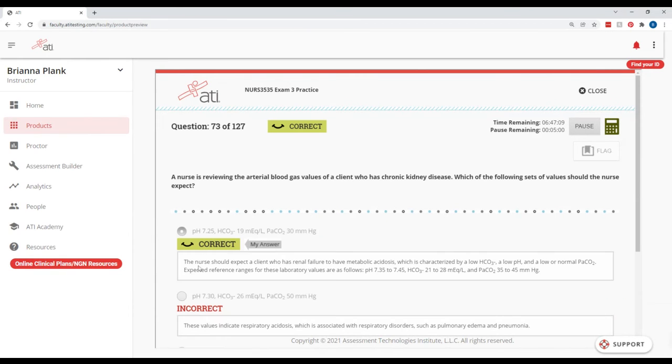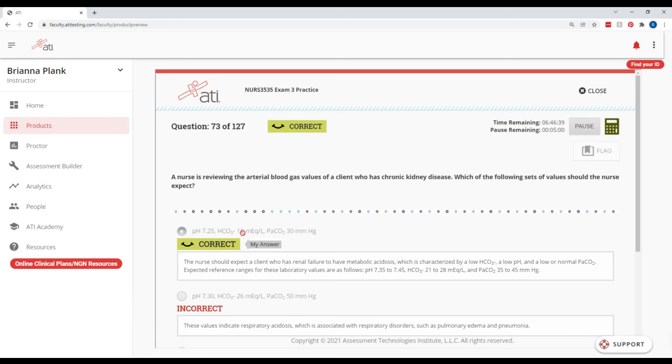Yes. So again, we have metabolic acidosis. So we know we have acidosis because our pH is low. Our normal pH value is 7.35 to 7.45. So when we're lower than that, we are acidotic. Our CO2 is a little bit low, so we know our acidosis is not from our CO2. Our CO2 is not elevated, so it's not respiratory acidosis.